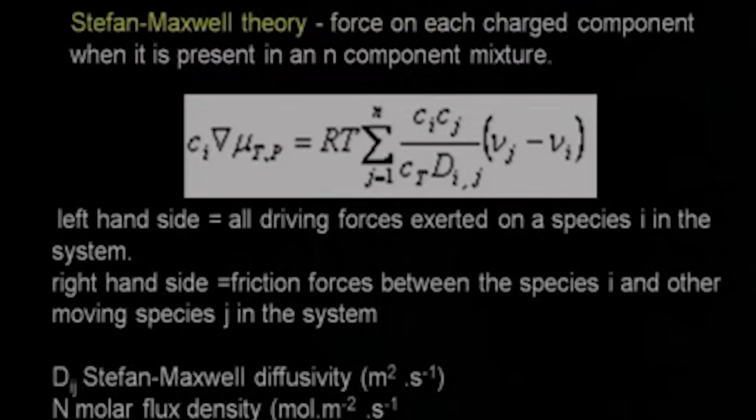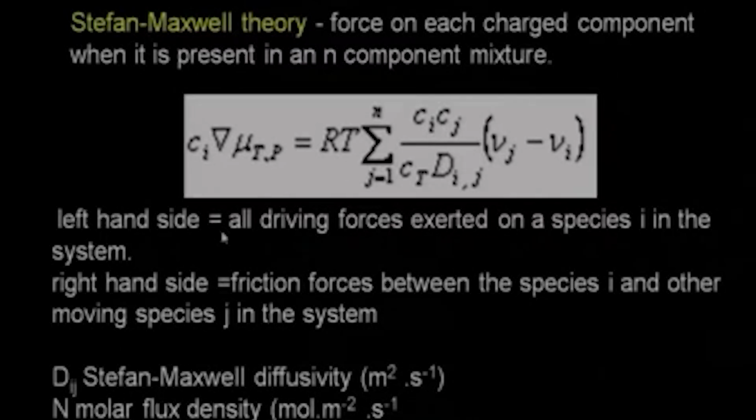There is another equation which also gives you a flavor of the process that is taking place, that is called the Stefan-Maxwell theory. So that gives you the force on each charged component when it is present in an n component mixture.